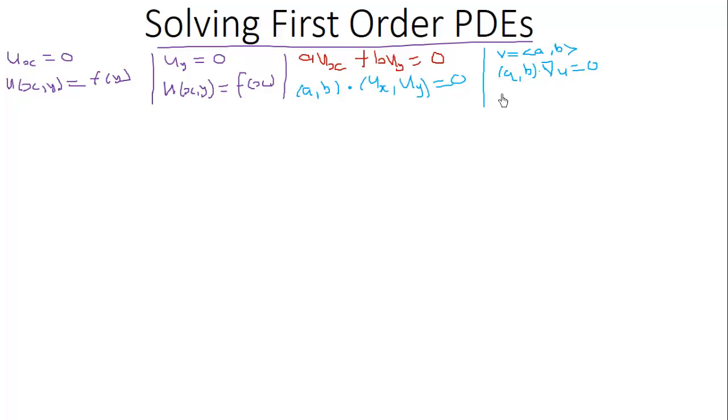That is, we're able to write the PDE as a directional derivative of u in the direction of v being equal to 0.